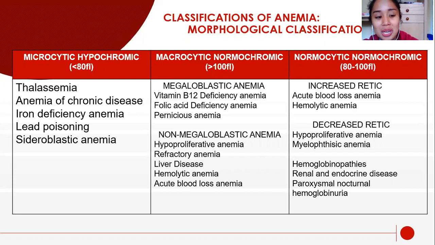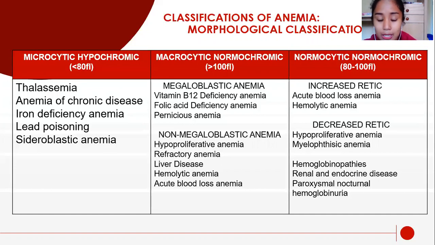TAILS. Huwag niyo kakalimutan 'to: thalassemia, anemia of chronic disease, iron deficiency anemia, lead poisoning, and sideroblastic anemia. Class, there are talks na yung example, anemia of chronic disease, pwede siyang normocytic, normochromic. Pero dito na lang tayo para hindi kayo malito, basic lang naman eh. Yan ha, TAILS, huwag niyo kakalimutan.